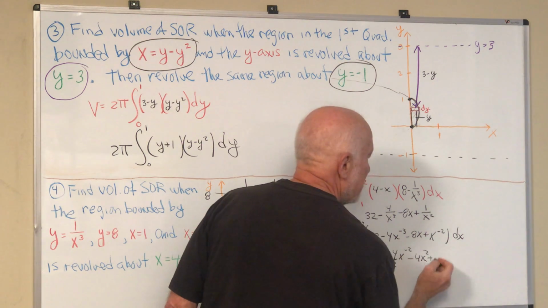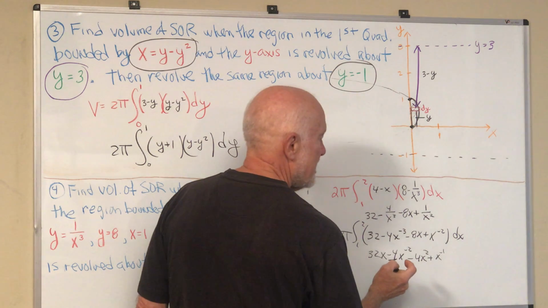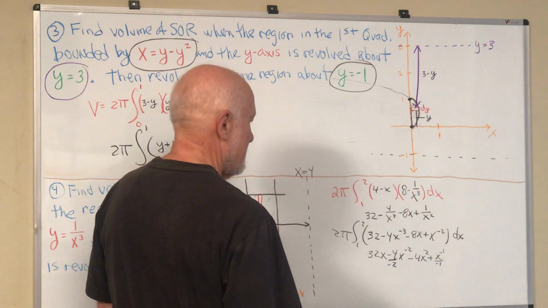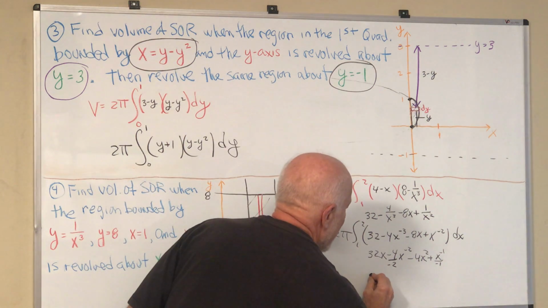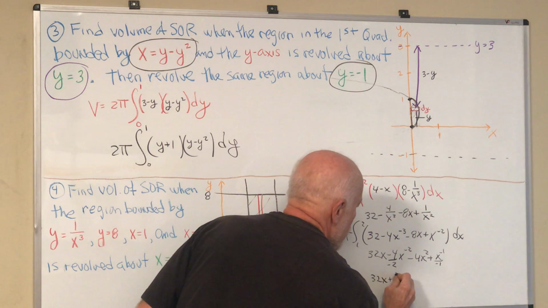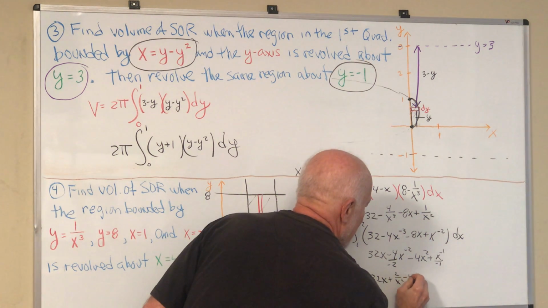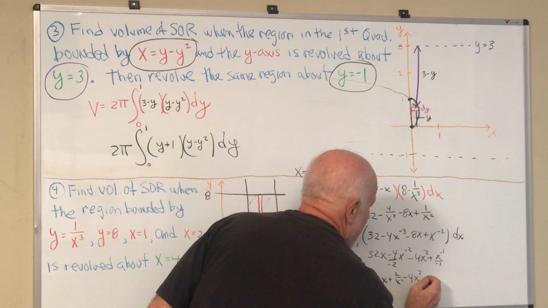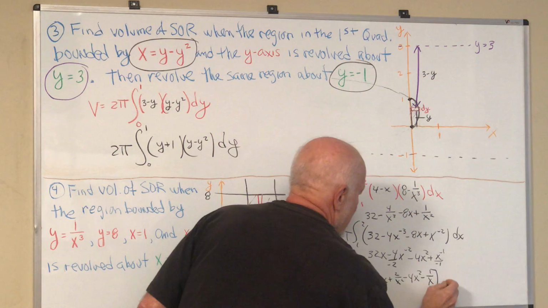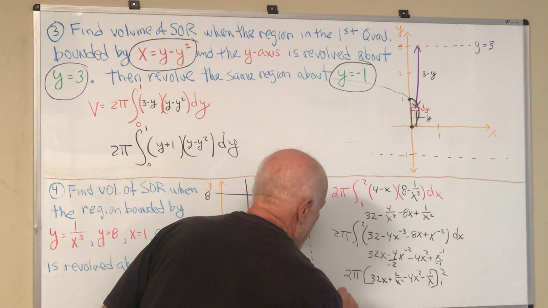And this becomes plus x to the negative 1 divided by negative 1. Well, let's just write this a little nicer. 32x plus 2 over x squared minus 4x squared minus 1 over x. And we're going from 1 to 2, and we still have the 2 pi out front.